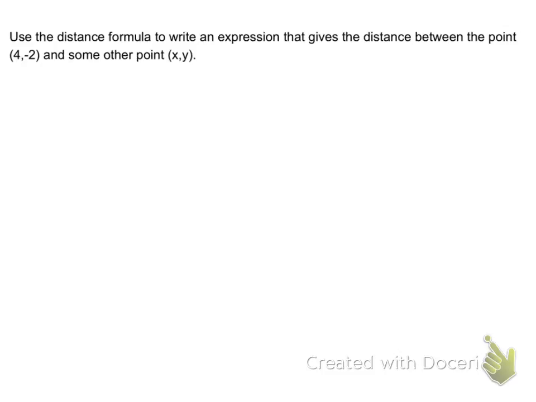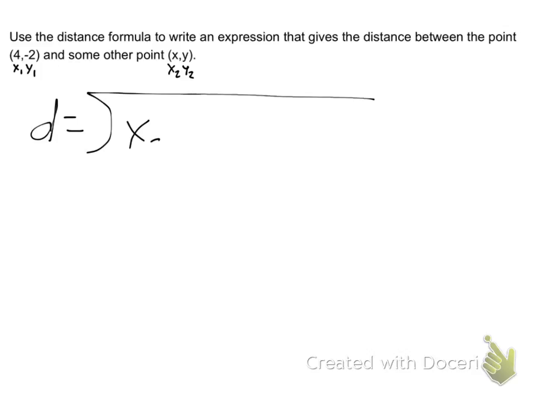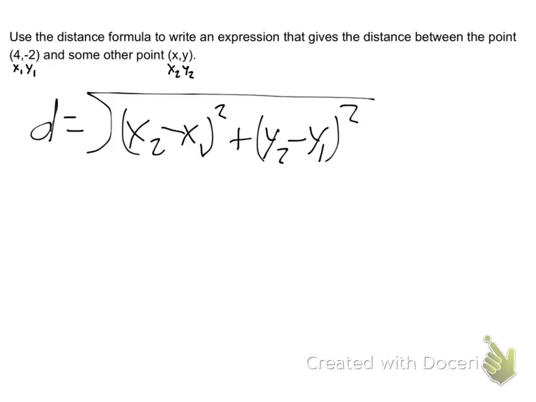Which one's point 1? (4, -2). So this would be x1, y1, and the other one would be x2, y2. Then plug it into the formula: D equals x2 minus x1 squared plus y2 minus y1 squared. Yes?